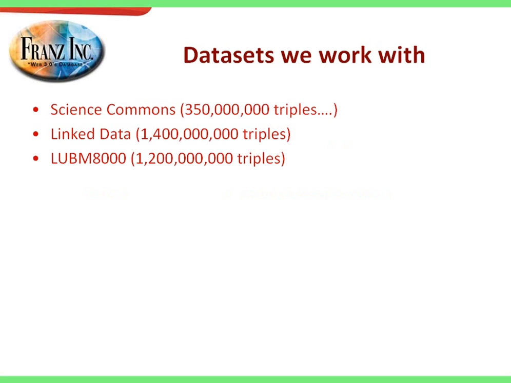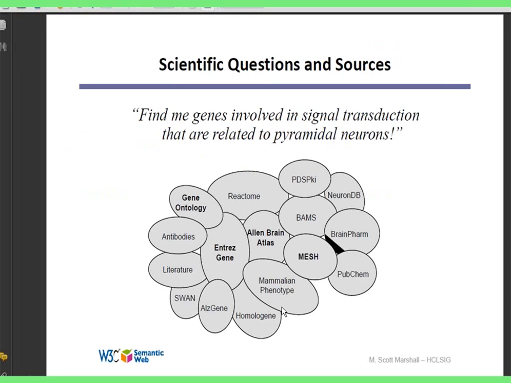So we did our optimization work on the 3 different types of data sets. The Science Commons with life science data, the linked data that most people are familiar with, and I'll go into that, and then Lubum 8000. But let's look at these data sets. So one of them is from the Science Commons.